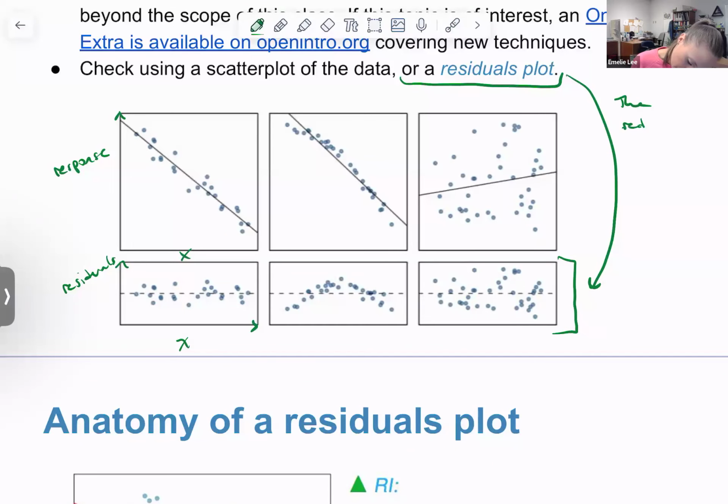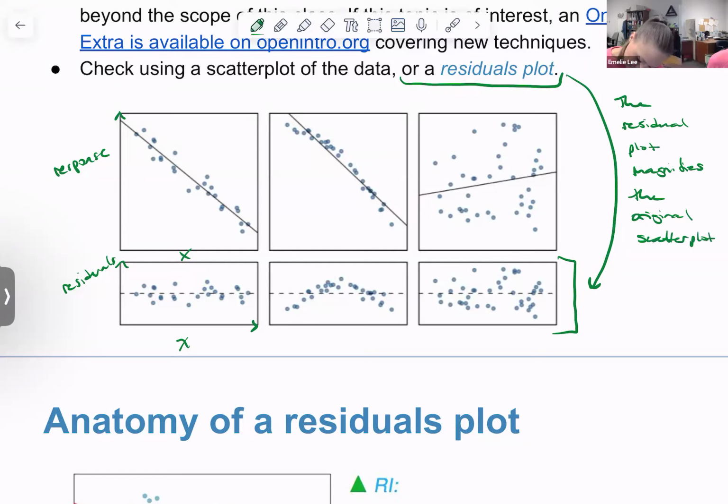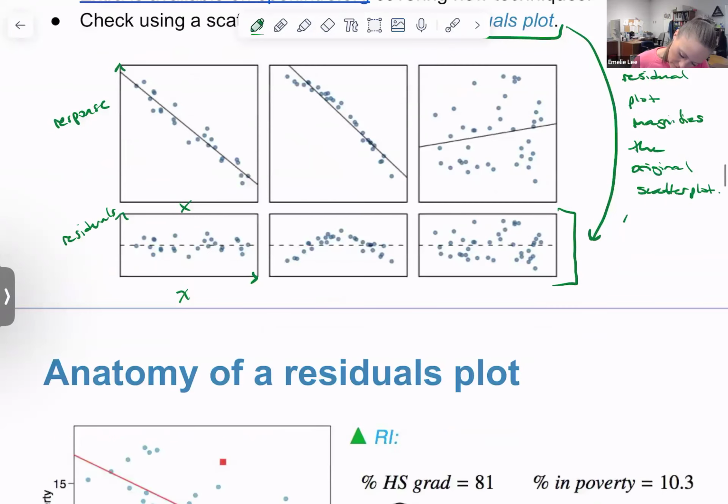The residual plot magnifies the original scatter plot. We want random scatter around 0. So here, this is 0 in each of these, of course. We want random scatter around 0.